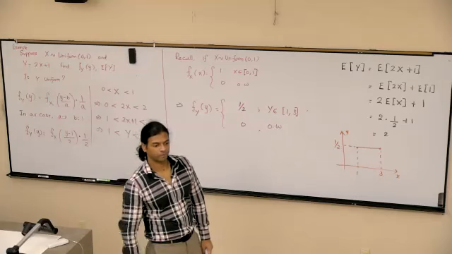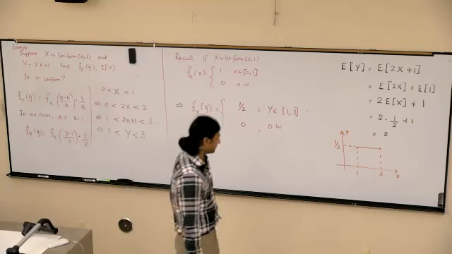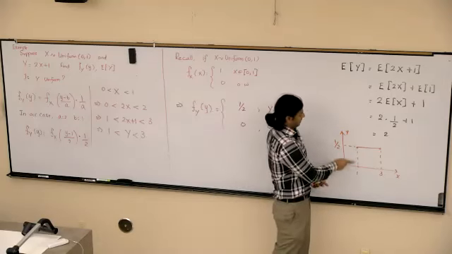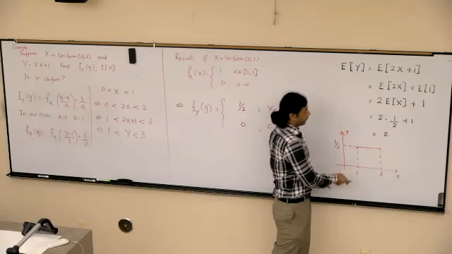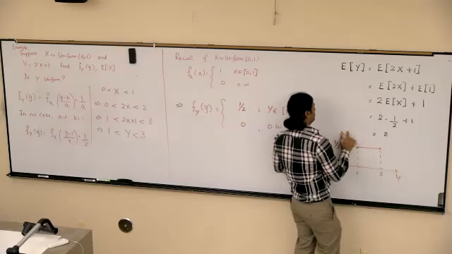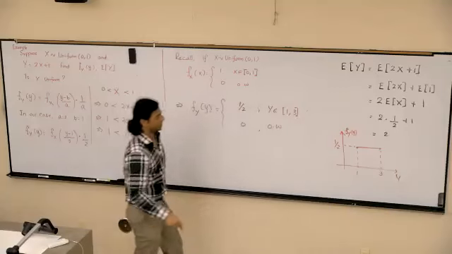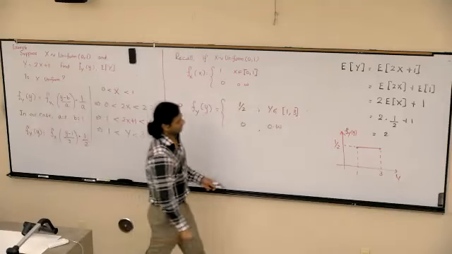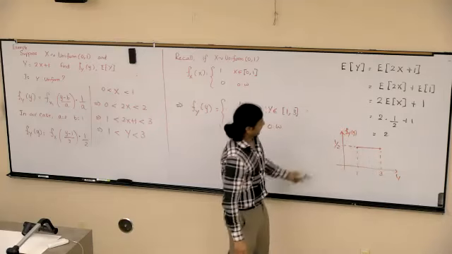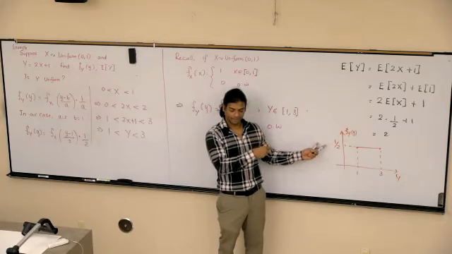So (0 plus 1) over 2. So we know that the support for y changed. Call it f_Y(y), because we're talking about the random variable y. So we move the support from [0, 1] to [1, 3]. The value of the density is always half.